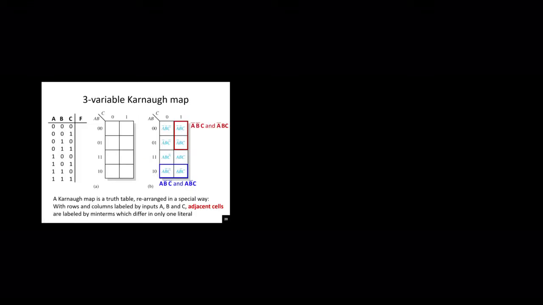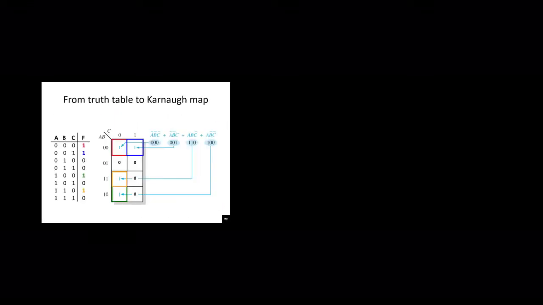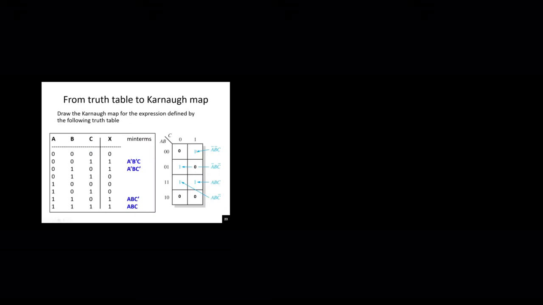Now let's talk about Karnaugh maps. So we saw last week how to create a Karnaugh map. So let's go to this example. We saw last Thursday that a Karnaugh map is actually just another way of representing a truth table. The information in a Karnaugh map is absolutely the same as the information in a truth table.